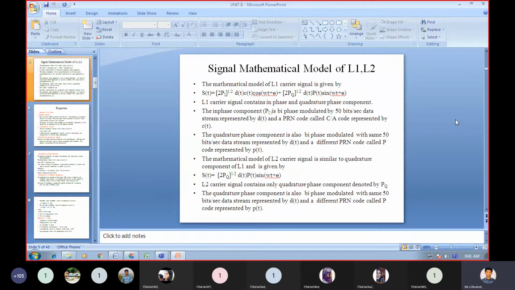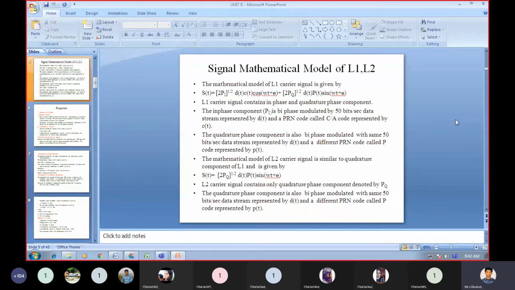The mathematical model of L1 carrier signal is given by S of t equals square root of 2 P_I times D of t C of t cos(omega t plus theta).